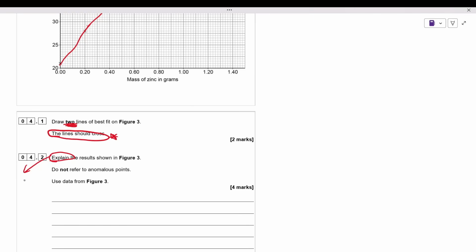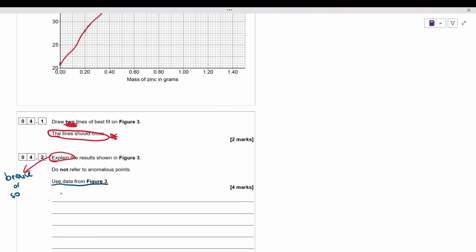It must include either 'because' or 'so'. And it also says use data from figure 3, so I know that I must use some specific information from that figure in order for my answer to be supported. So now let's look at what we could say for this.